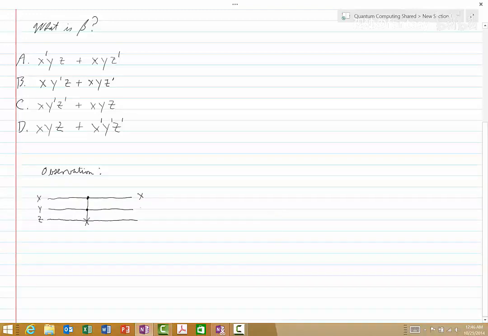So we know that the output on these 2 lines will be X and Y. But the output on the third line will depend on the values of X and Y. And if we constructed a truth table for this, it would look as follows.